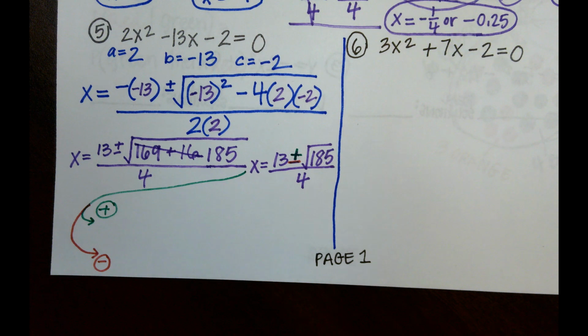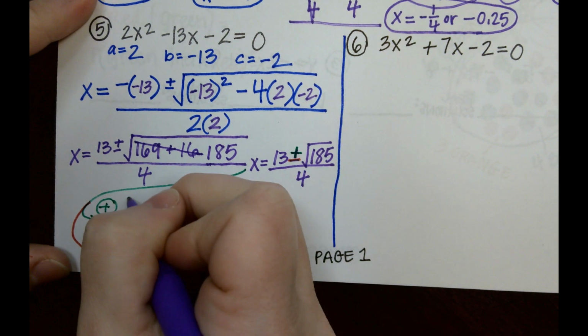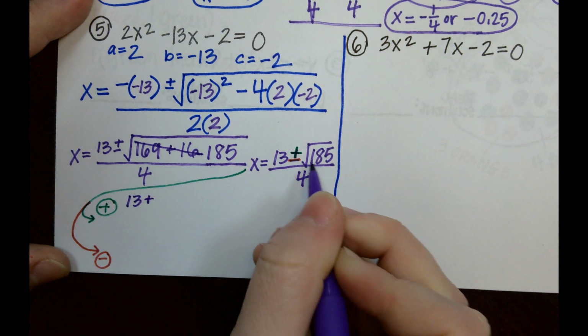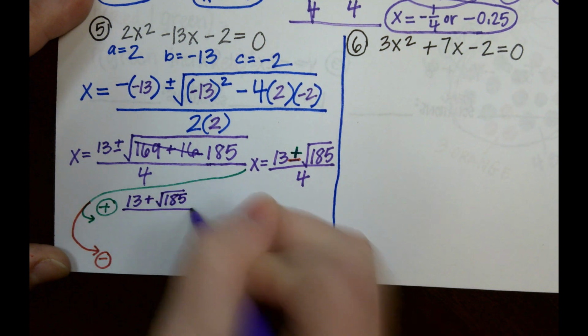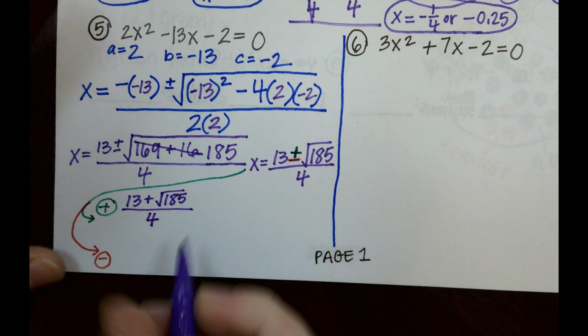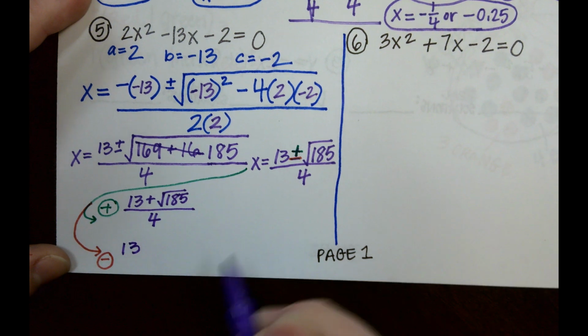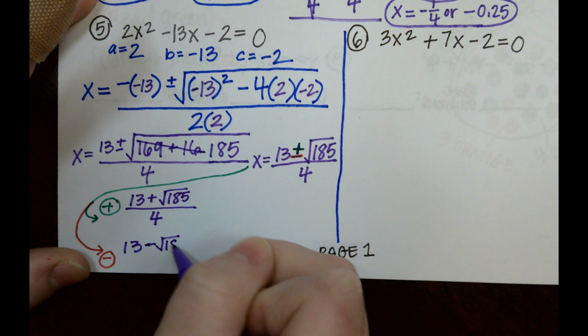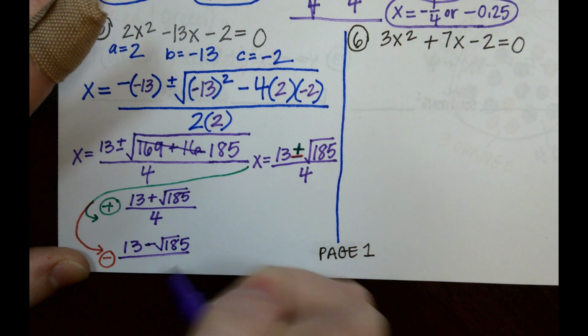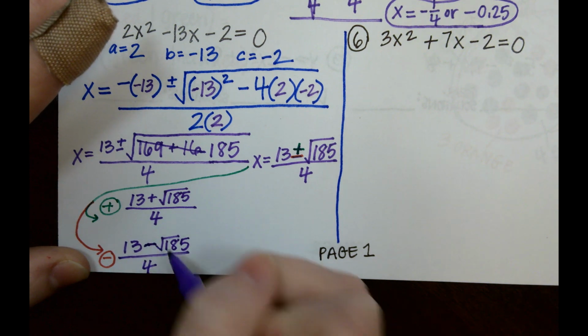So we have 13 plus the square root of 185 divided by 4. And we have 13 minus the square root of 185. All of that divided by 4.